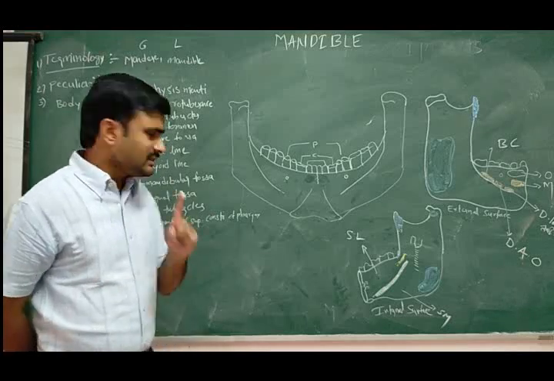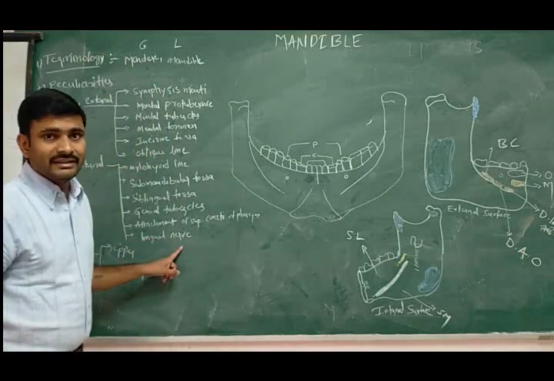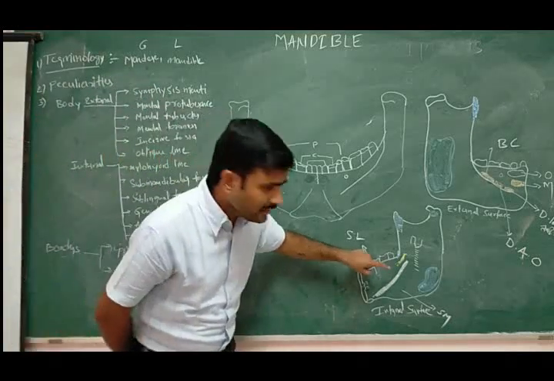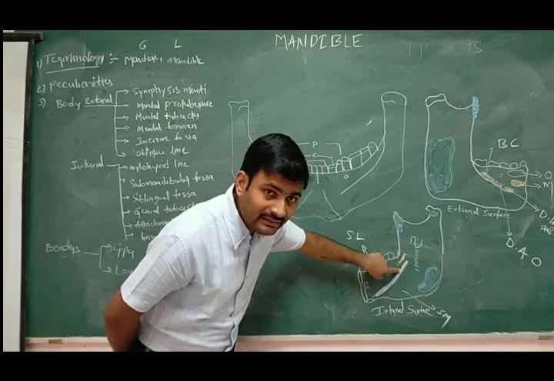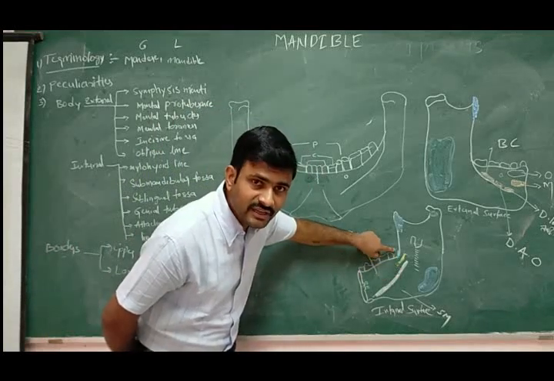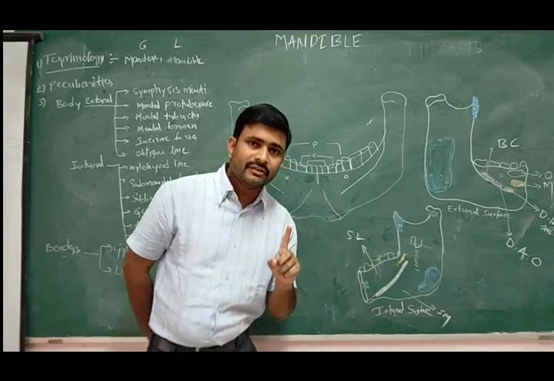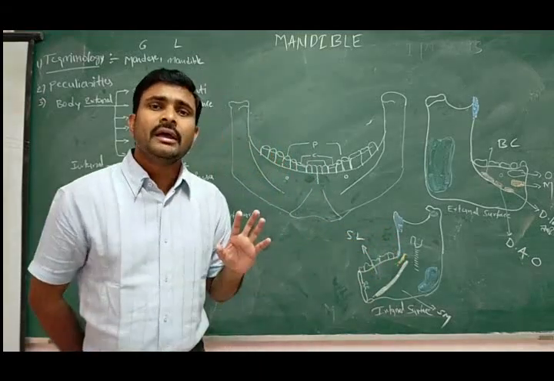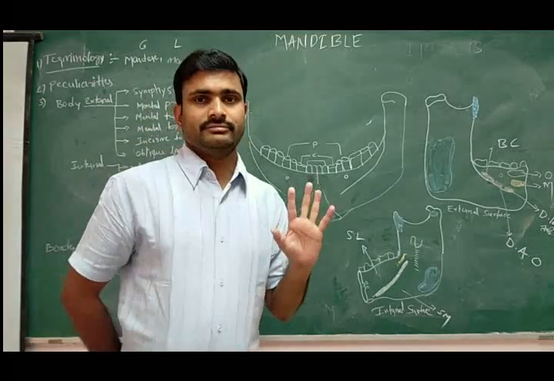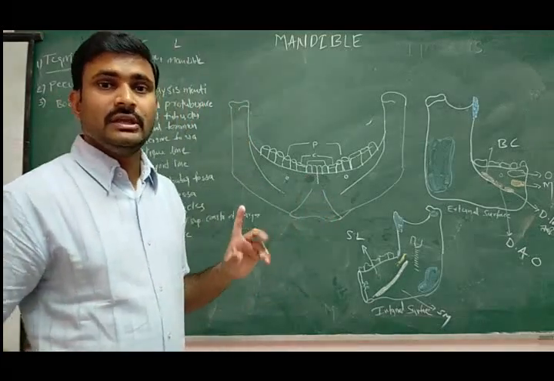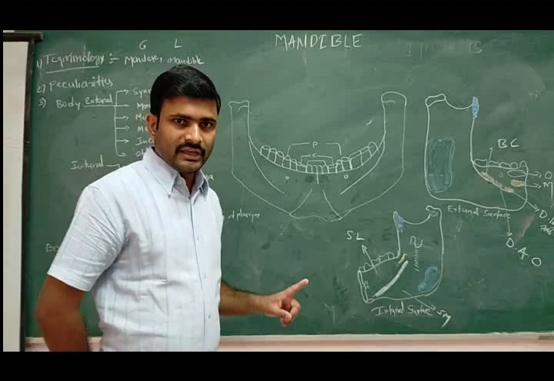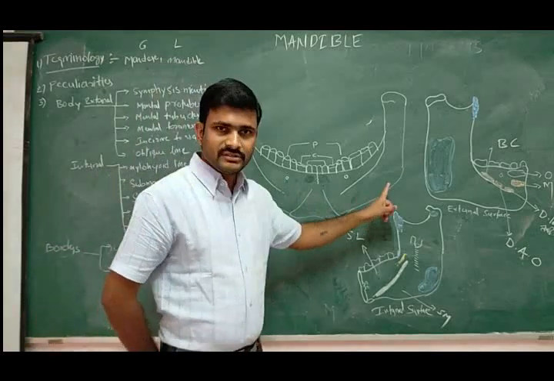And next, one nerve is related, the lingual nerve, between the mylohyoid line and the superior constrictor. In this space, one nerve is related. That nerve is the lingual nerve. So this is about the body and its external surface.